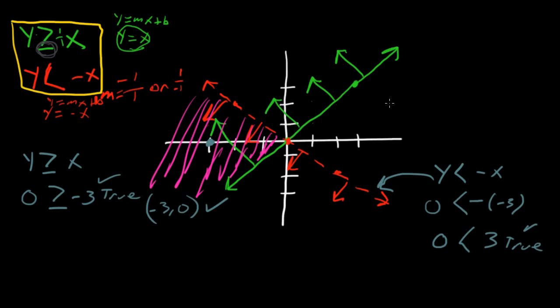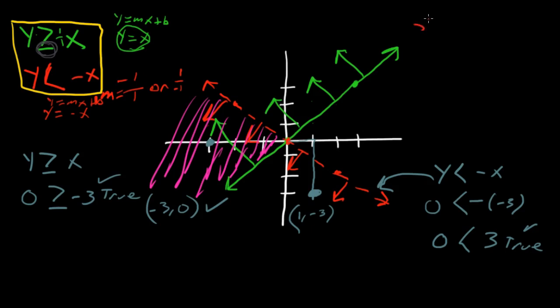We could look over here at some other point, like if I go over 1 and then down 3. To that point right there, and that's 1, -3. According to the shading, that should only satisfy this red inequality. So let's look at it.